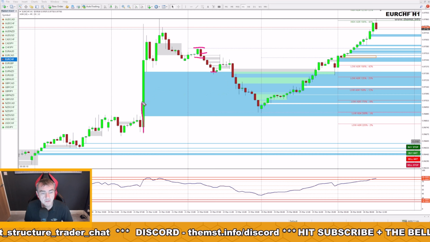We had a big ADR reading put in on the chart. The ADR massively expanded on the following day, but the candles went back to normal size. So for the candle there to get completely undone, took a day. You can see that obviously when you get in up here, if you've got a high ADR reading, it's going to be a lot more difficult for price to get back to your targets.